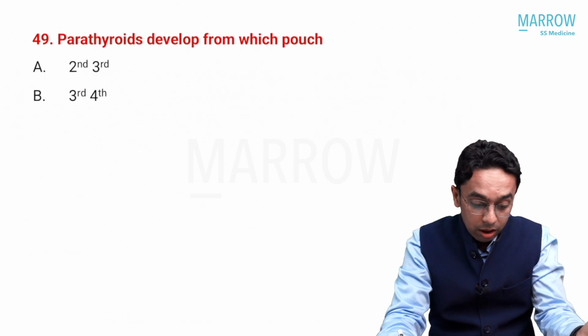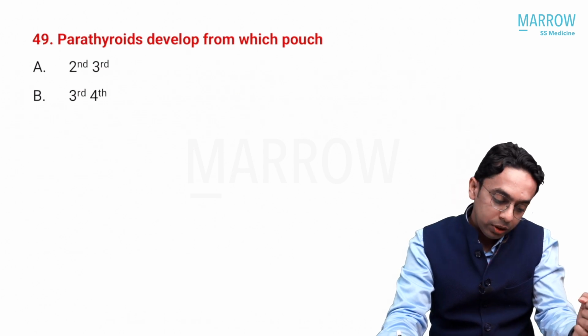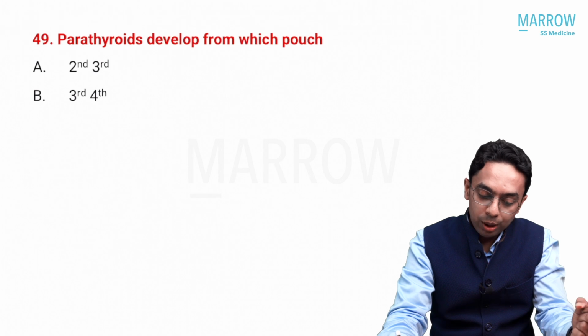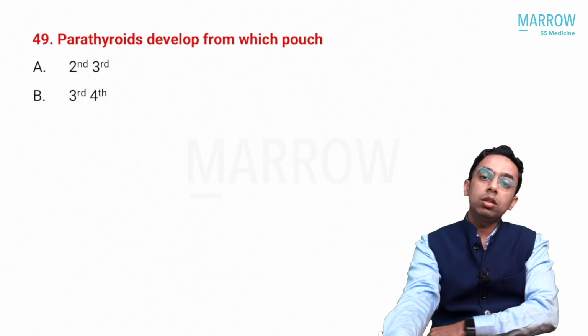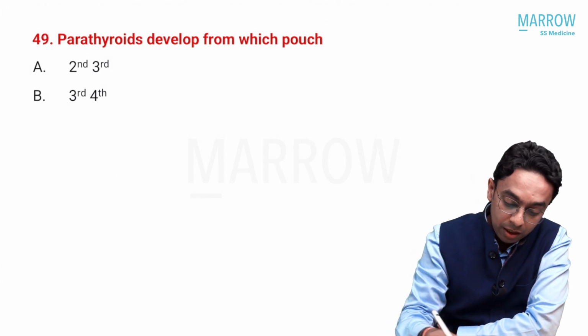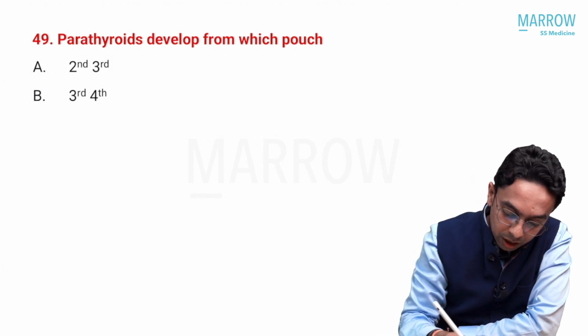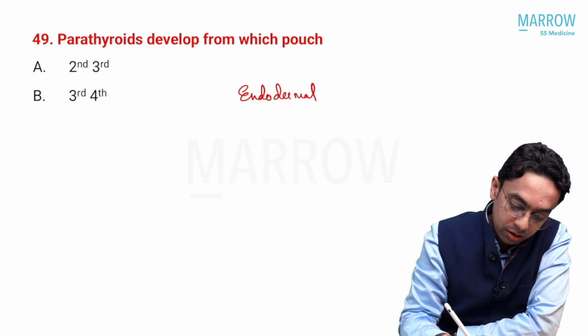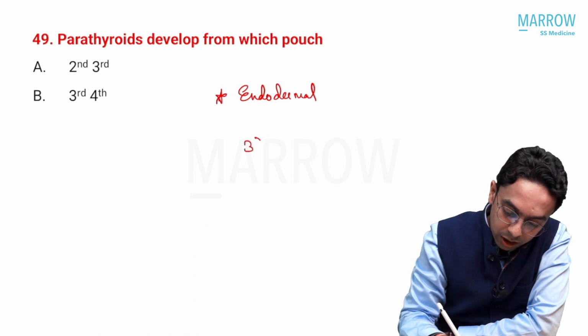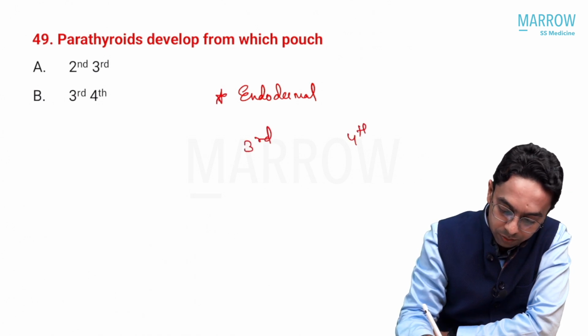Okay. Coming to second last question number 49. Parathyroid develops from which pouch? So this also we have discussed in question number first of bone. This parathyroid, we know first important question is they are endodermal. They develop from the third and fourth pharyngeal pouch.